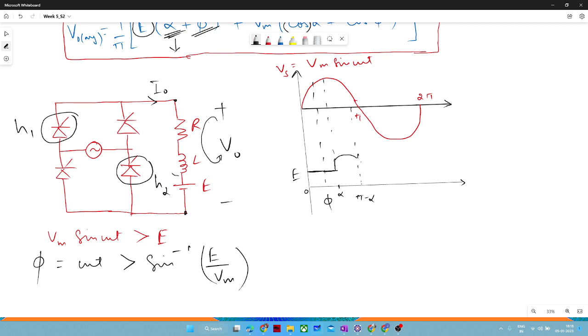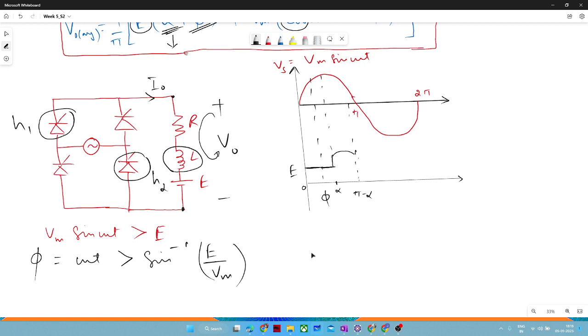Now this inductor gets charged, right? Because the inductor has to dissipate its energy, whatever it has stored during the period of storing the energy. Till this point it was storing the energy whenever this I naught was flowing.